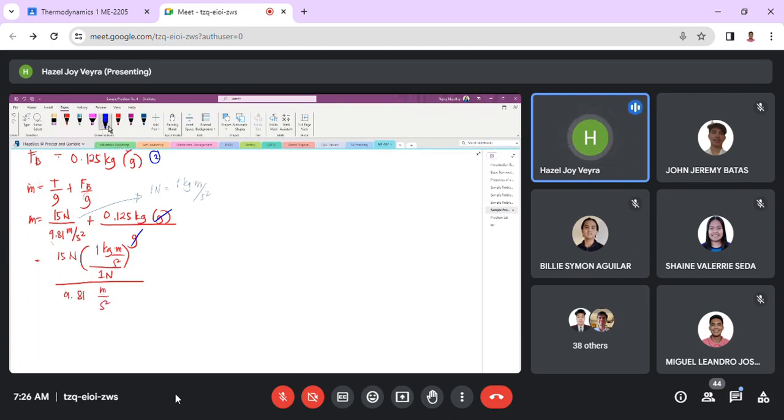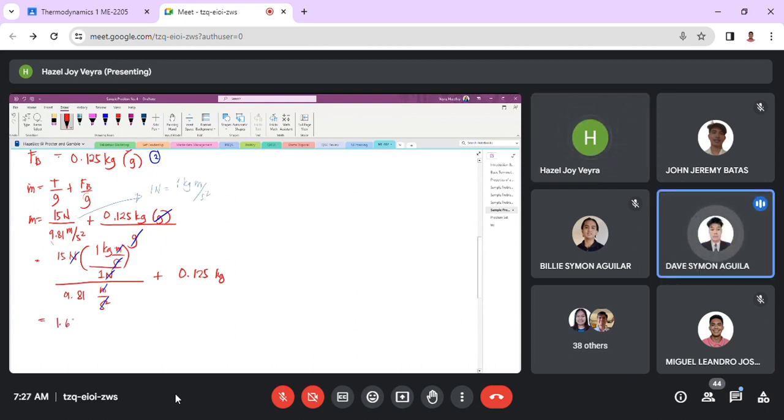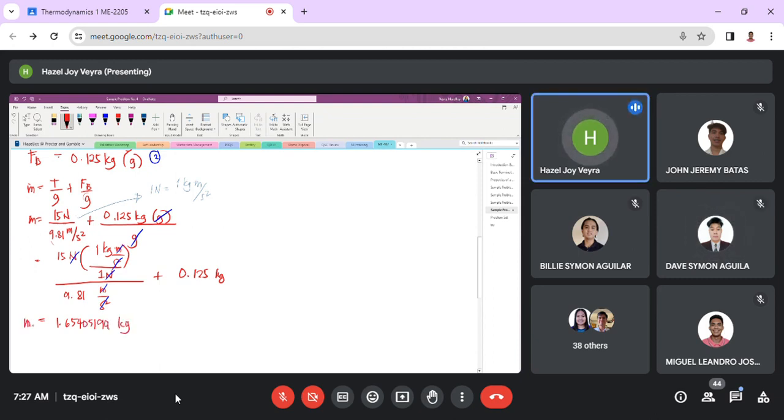So let's cancel meter per second squared, Newton, and Newton. But we're not done yet, we still have 0.125 kilograms. So our mass here is 1.65405199 kilograms. So this is the mass of the mixture.